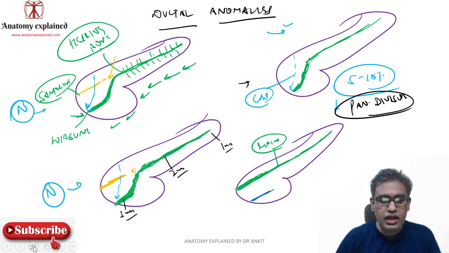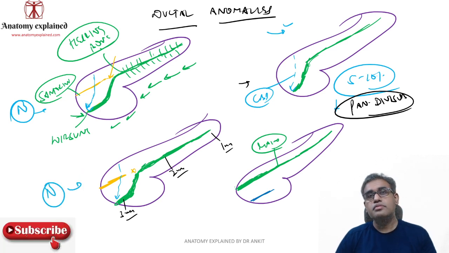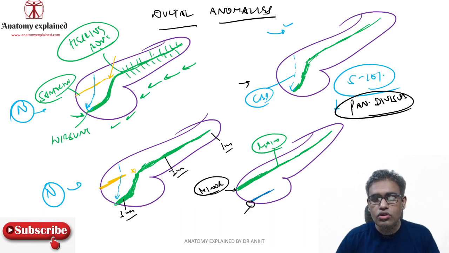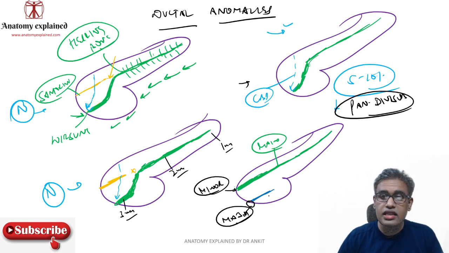There was an anomaly in the pancreatic fusion, but the duodenum remained the same. So in the duodenum, this opening remained the minor papilla, a small hole, and this hole remained as the major papilla, a bigger hole. But the reverse is happening.